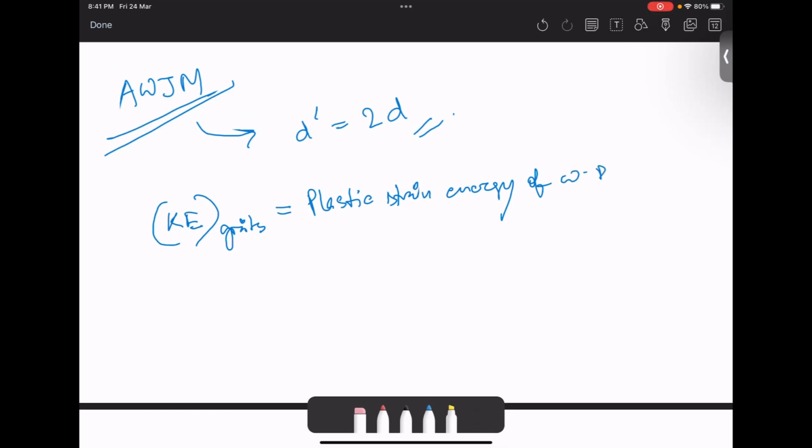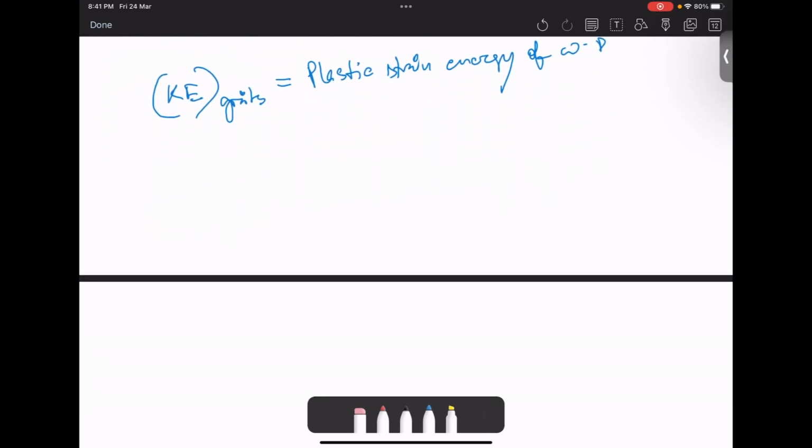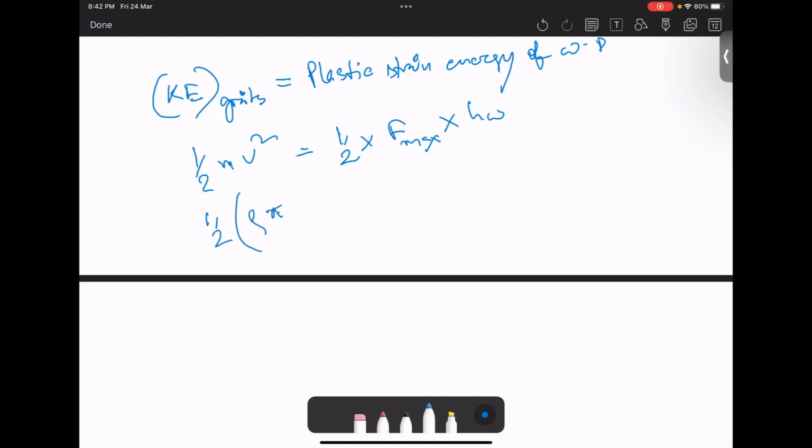Okay. So when you do that, the kinetic energy is half mv square, and the plastic strain energy is half into the maximum force into the depth of indentation, as HW.